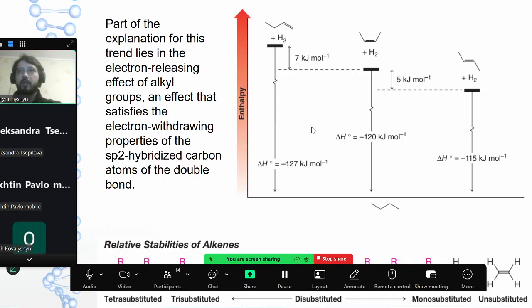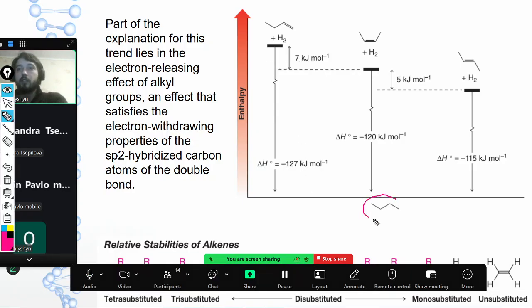Here is some sort of example with different enthalpies, but I don't think we'll get deeply into that. I just want to show you that here are basically two states, a molecule without any double bonds and some sort of alkane with one double bond. And depending on where this double bond is, we can calculate the difference in enthalpies and then use that.